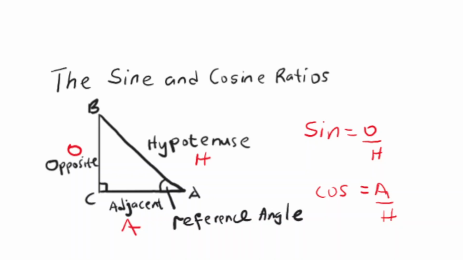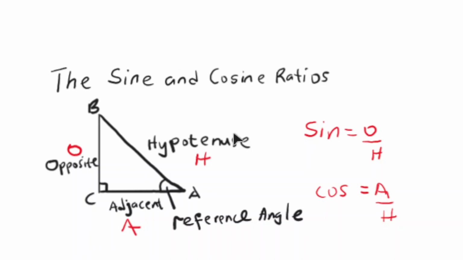If you remember, I mentioned that there are more, but we are learning about only three ratios: the tangent ratio, the sine ratio, and then the cosine ratio. We did the tangent ratio already, so today we're looking at the sine and then the cosine together.